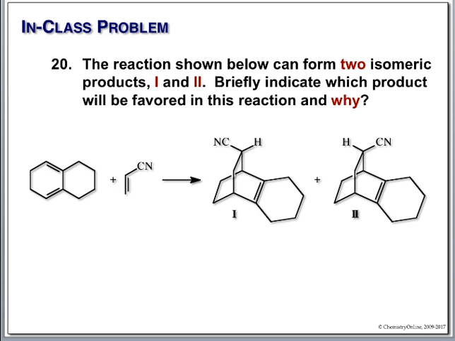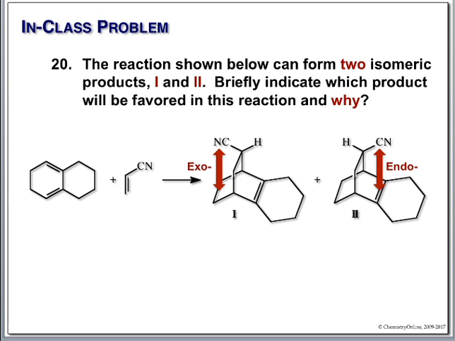Here, the substituent, the nitrile, is above the double bond. That's endo. Over here, the substituent is simply above a saturated thing, and the hydrogen is above the double bond.